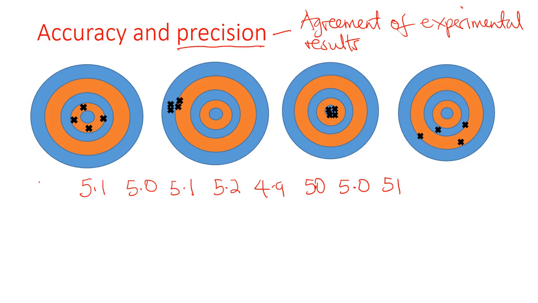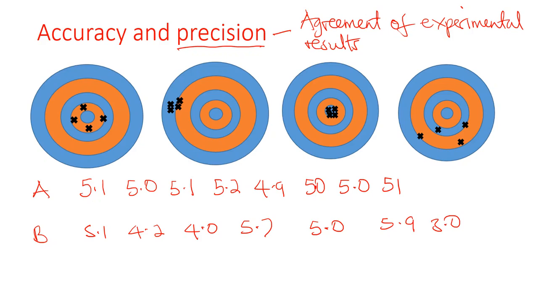This is experiment A. Experiment B, you find 5.1, 4.2, 4.0, 5.7, 5.0, 5.9, 3.0.